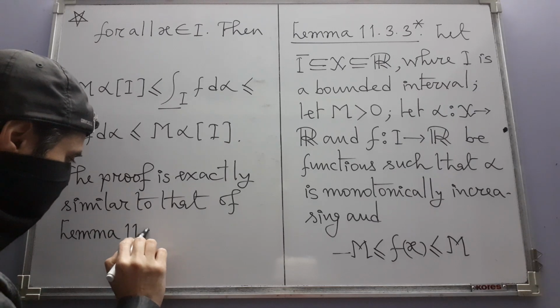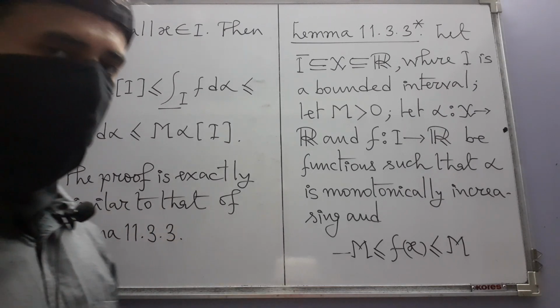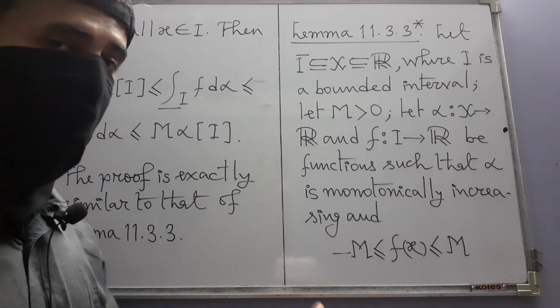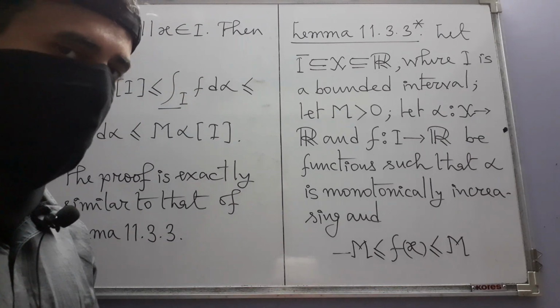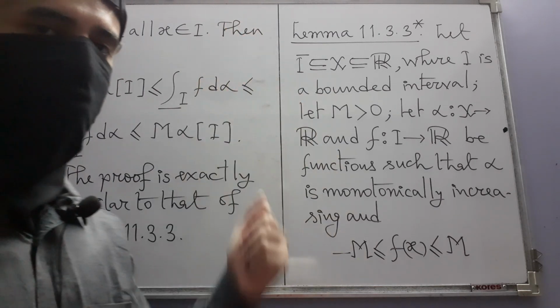Wherever you see ordinary length, you replace the length of whatever interval you are considering by the alpha length. That's it, that will give you the proof. Okay, so we now have this lemma with us.